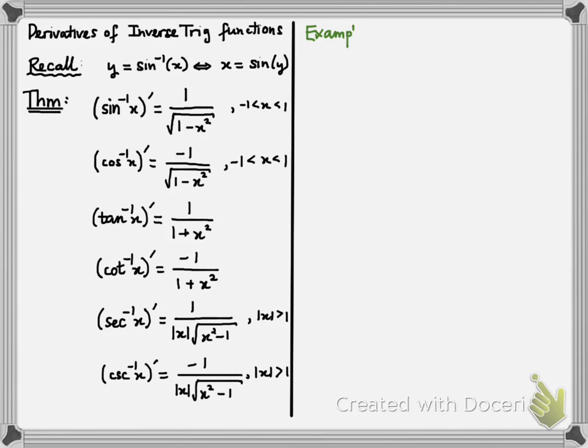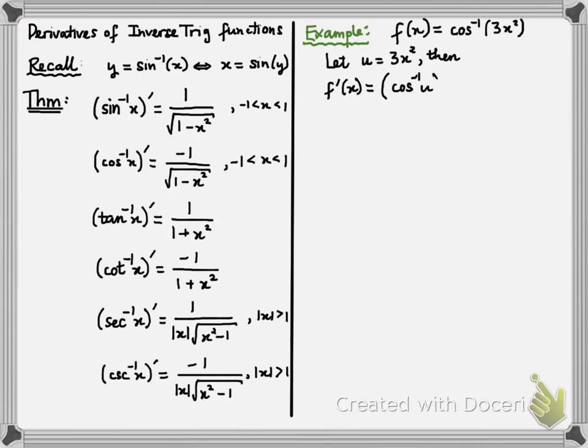For example, we have f of x equals cosine inverse of 3x squared. As you can see, it is a composition of two functions with the inside function being 3x squared. So we're going to have to use the chain rule here. If we let u be the inside function, which is 3x squared, then the derivative of our function becomes the derivative of cosine inverse of u.